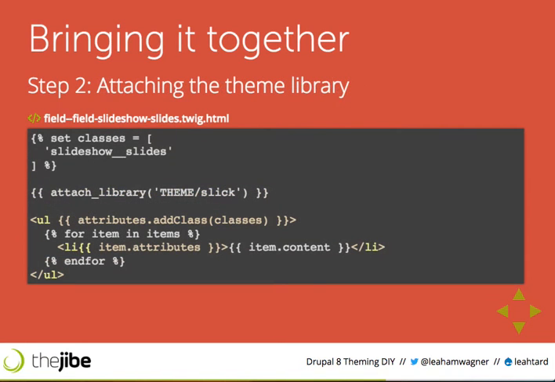So the first step is the attach library, which is the mysterious magic that makes this all possible. Attach library and then defining that namespace that you've outlined in your theme YAML file is what tells Drupal, okay, we're not loading this Slick library on every page, but now we need it, because this Twig template is asking for that library.